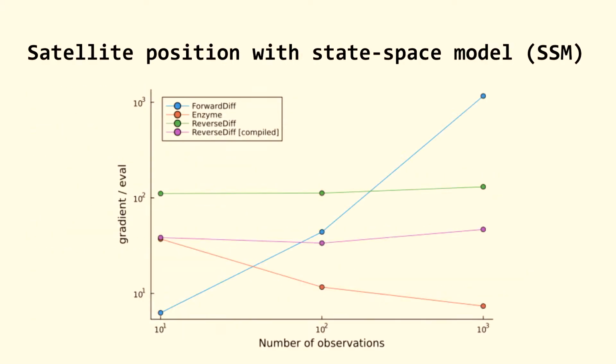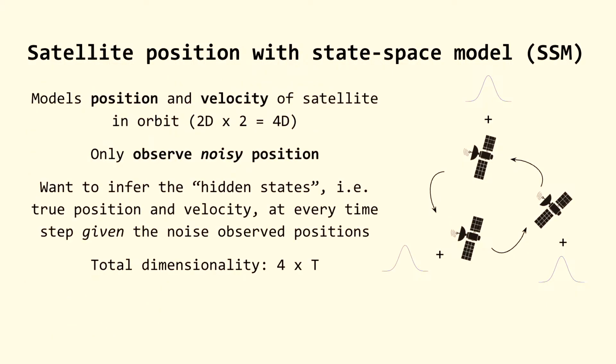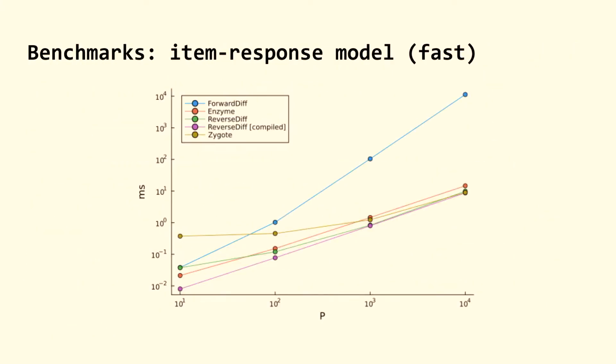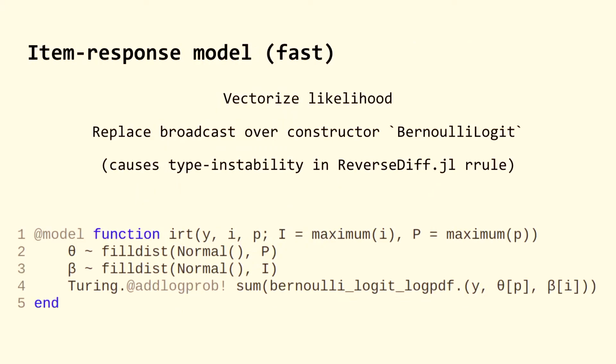So I don't have a very conclusive intuition, but from what we've been seeing, it seems that Enzyme works better than other ADs in most naive Turing implementations, meaning that you don't do any specific optimization to translate Turing code into, say, simple vectorized operations or matrix multiplication.